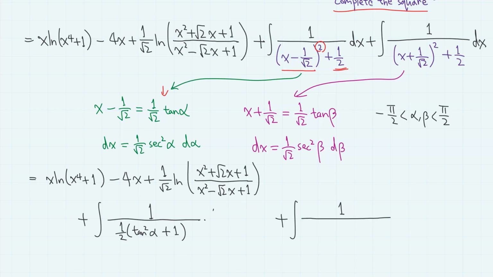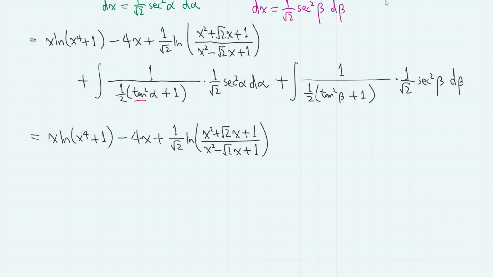Then the dx part, 1 over square root of 2 secant squared alpha d alpha. And similarly for the second one, we can write the denominator as 1/2 times tangent squared beta plus 1. Then the dx part, 1 over square root of 2 secant squared beta d beta.